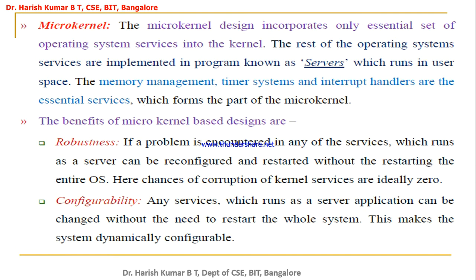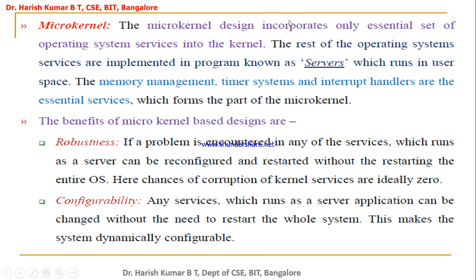Now, the microkernel is about making the kernel very light, keeping it as small as possible. The name micro itself says the size of the kernel is very low. How do we make the kernel light in weight?